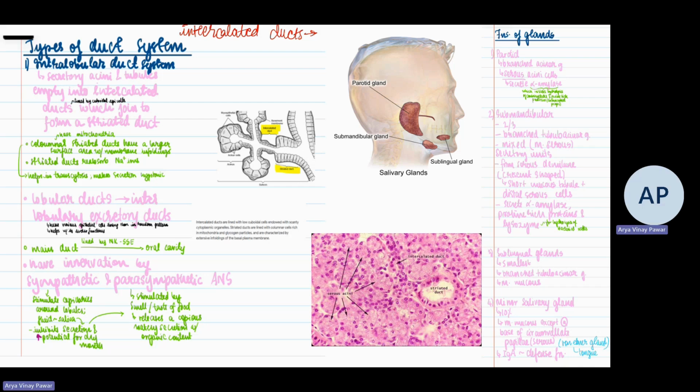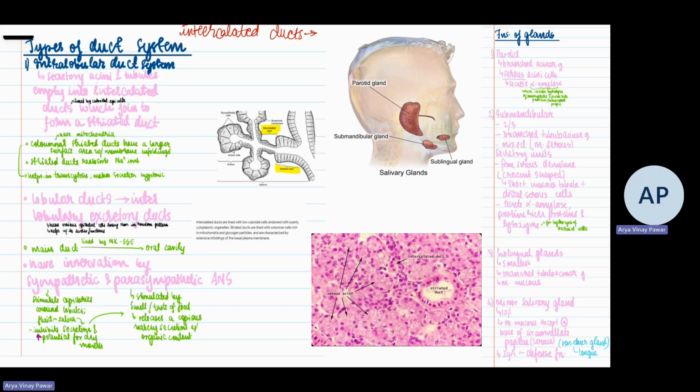For example, the intercalated duct has simple cuboidal epithelium cells, with a round central nucleus and many cell organelles, as you can see in this picture. These open into striated ducts.